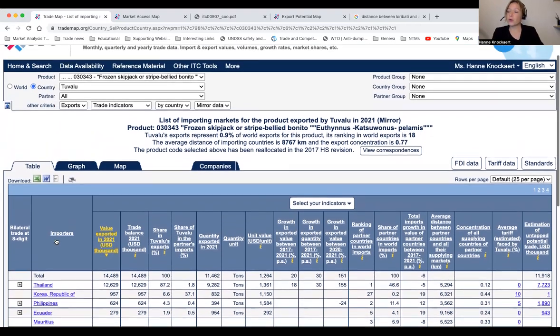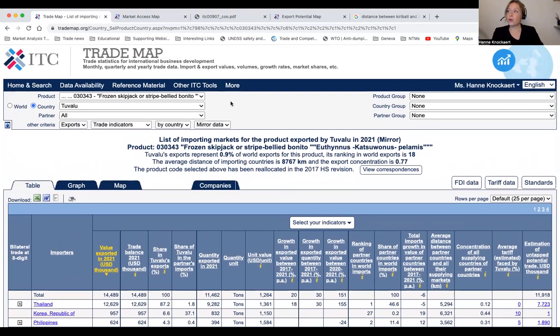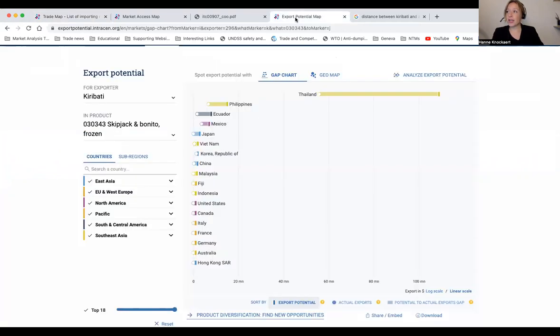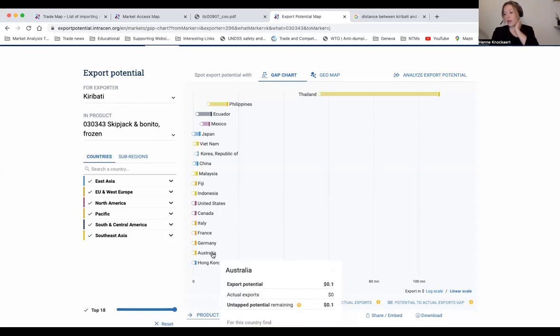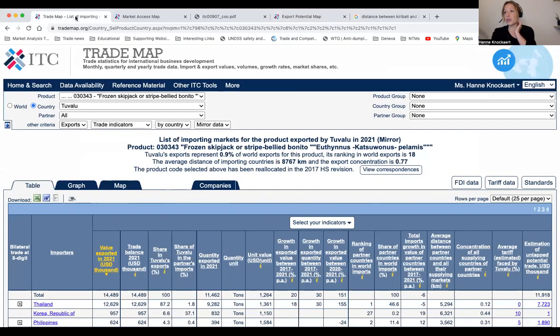So why is Australia in this list of Kiribati, if we are doing so badly with this fish, for example, but it's still showing as one of the top destinations with a lot of potential? So maybe it's because we do have this PLUS trade agreement and we already have quite a good trade relationship with this country for other products.